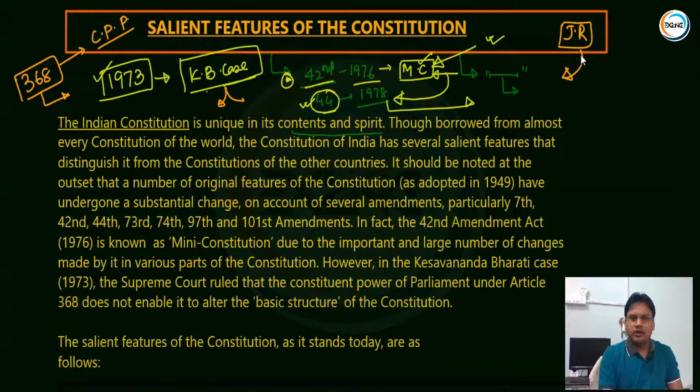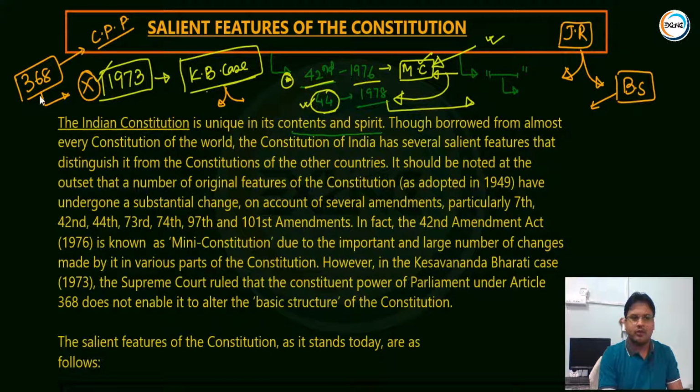1973, in the case of Kesavananda Bharati, the Supreme Court had smartly devised the concept of basic structure. Basic structure, there are certain fundamental features, fundamental provisions in the constitution जिसको कि Parliament alter नहीं कर सकता है.